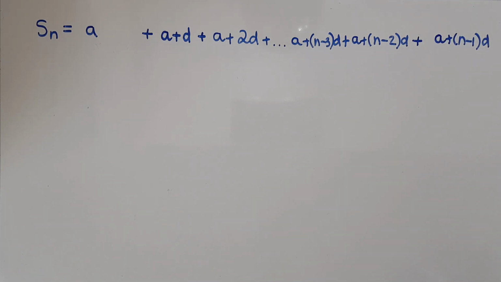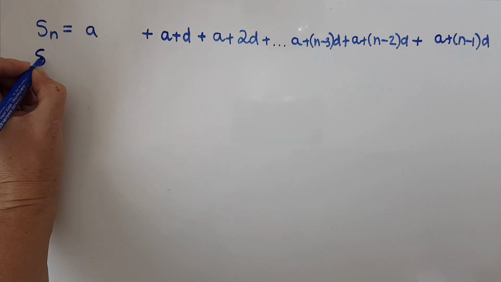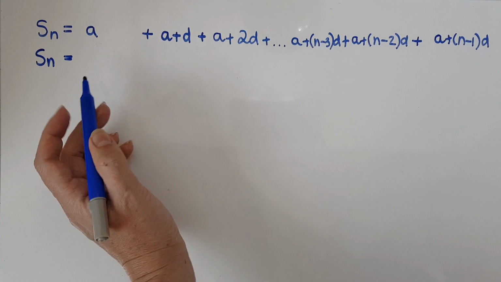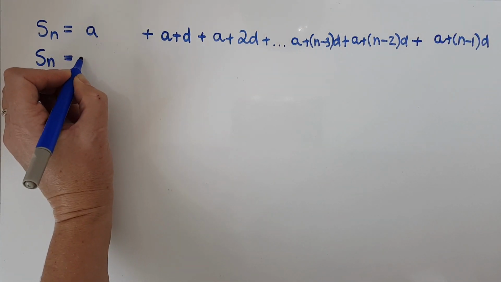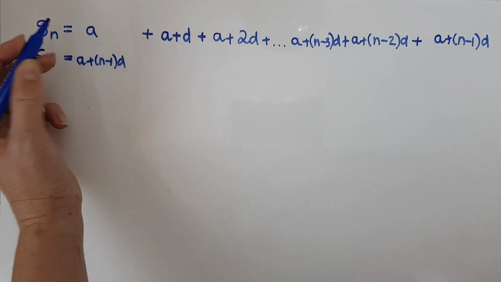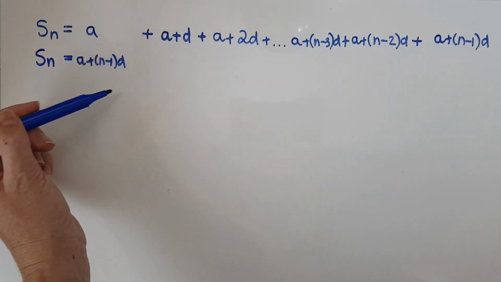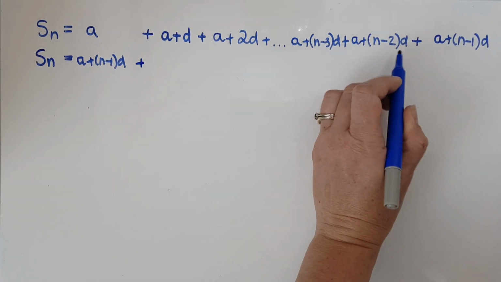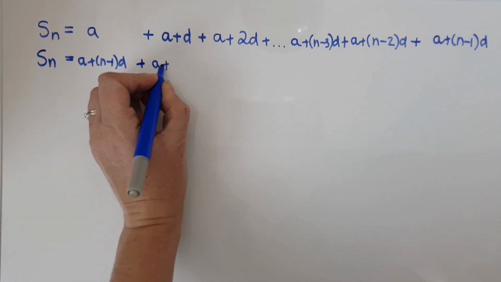And now I'm going to go for descending order. So here, obviously that one's going to go there, this one's going to go here. So I'm going to start with a plus n minus 1d, and those two terms are what I'm going to add just now. My next one is a plus n minus 2d.